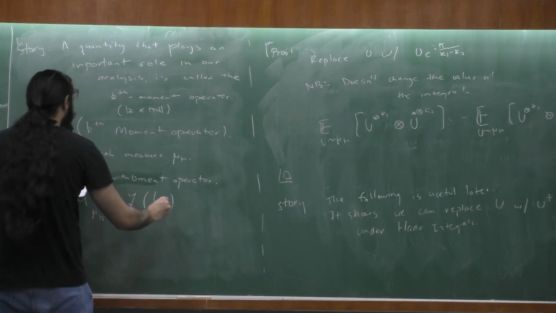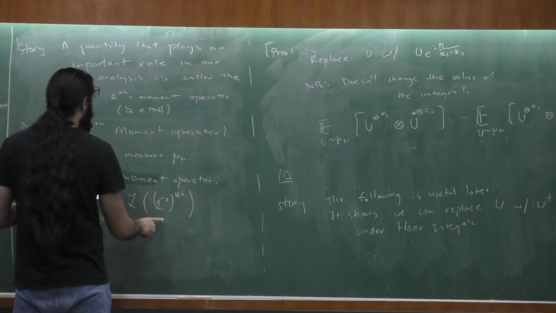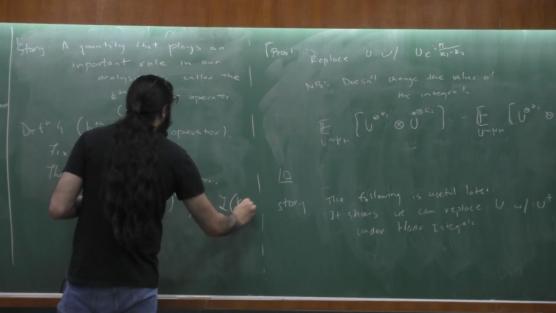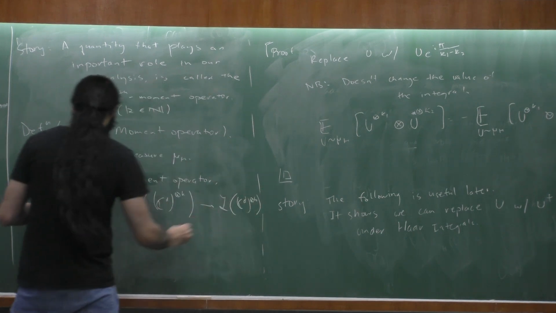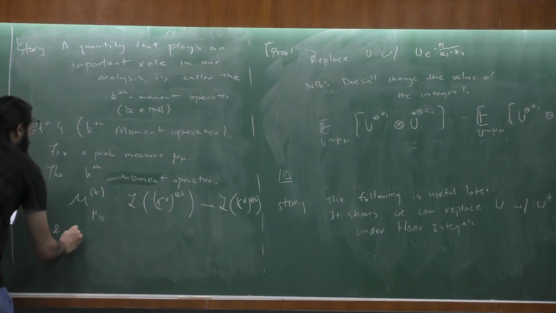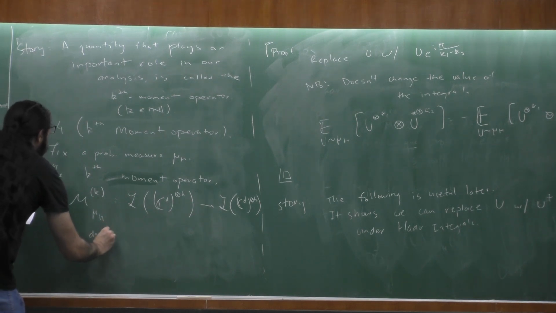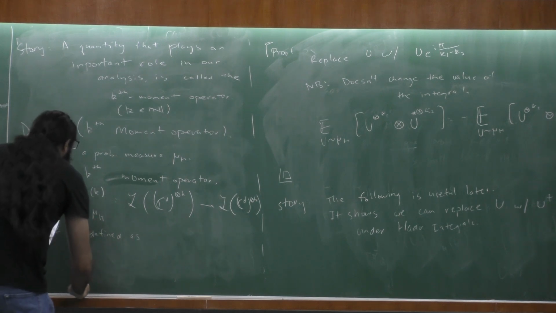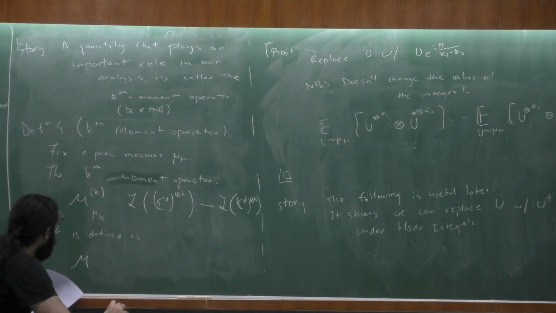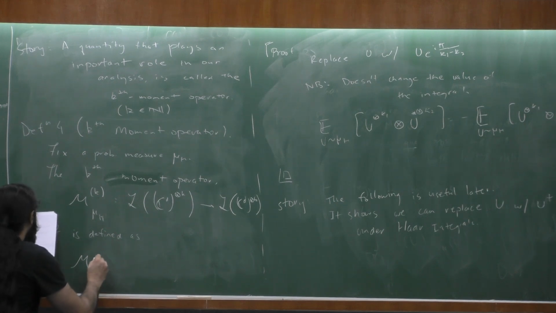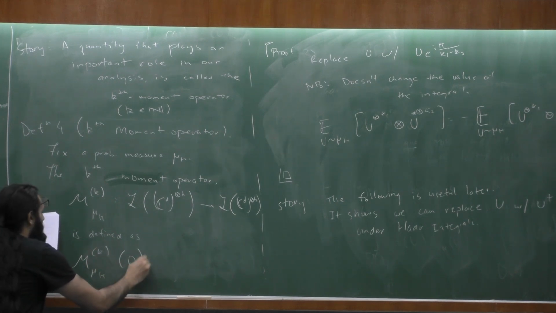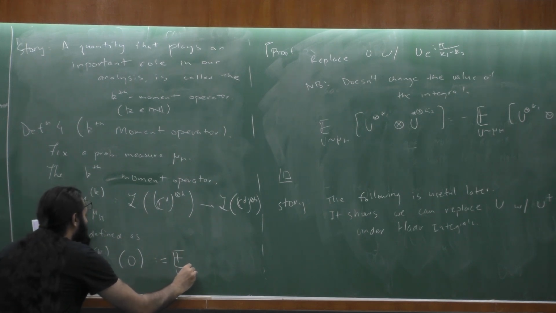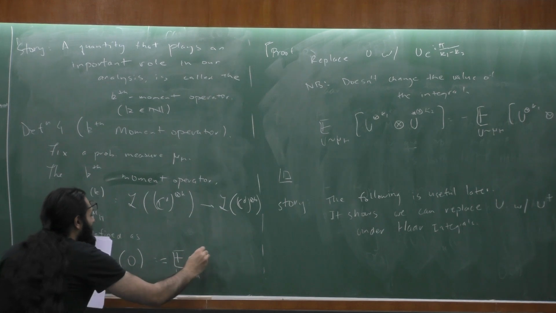So it takes operators from C^d tensor k to C^d tensor k. Okay, and it is defined as follows. So you sample U from the Haar measure.